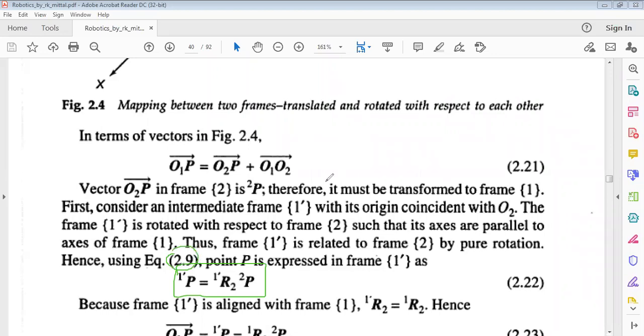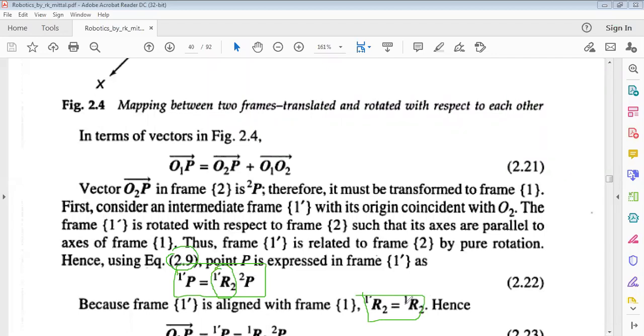So in the case of mapping between rotated frames, this 1 dash R2 is identical to 1 R2.